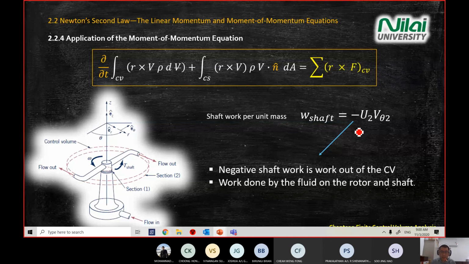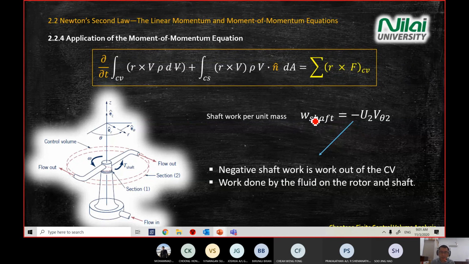All right, just a note at question 34, we get a negative sign there. When we have a negative sign, it means that the work is out of the CV. Shaft work out of CV. Or another explanation you can give is that the work is done by the fluid on the object itself. It means the fluid is doing some work when you get negative. Why?